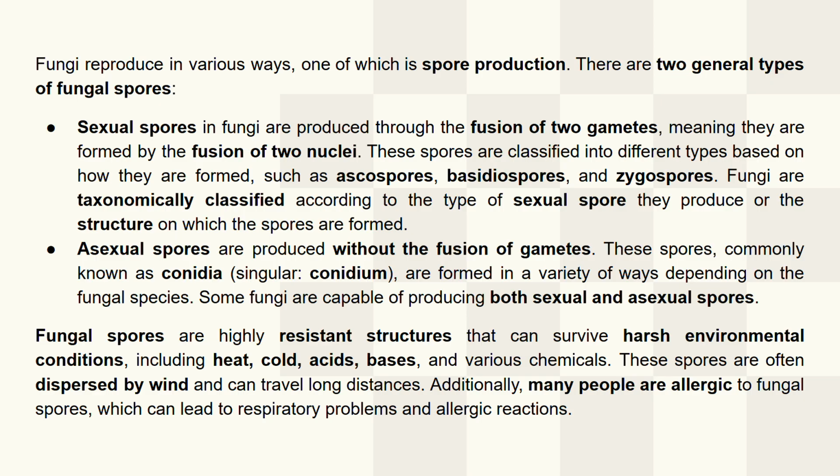When they have sexual spores, in these sexual spores, there are two gametes that meet, or a fusion of two nuclei. Examples of these sexual spores are ascospores, basidiospores, and zygospores.